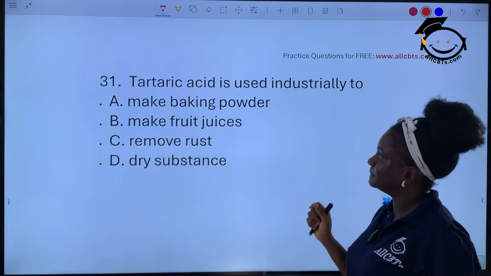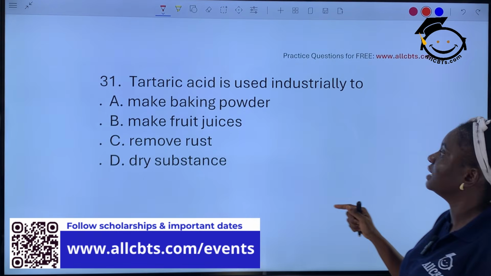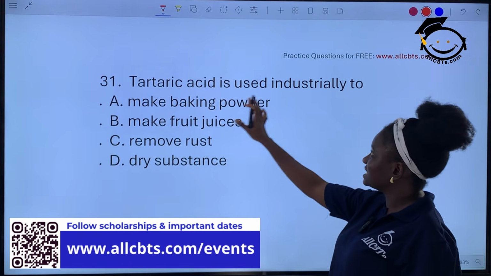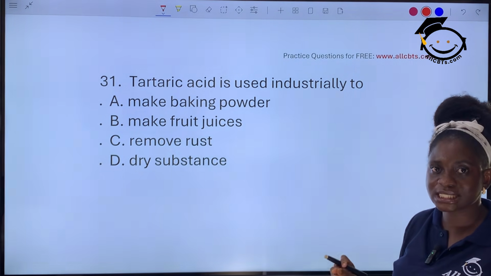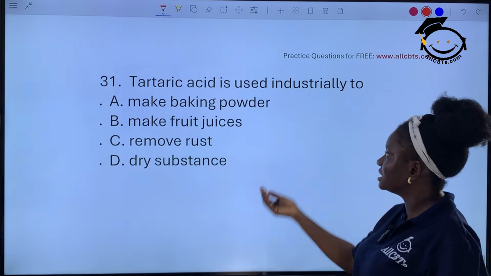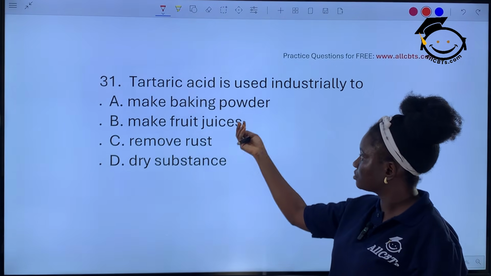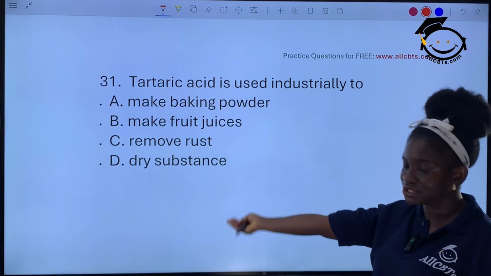Question 31. Tartaric acid is used industrially to, what is the use of tartaric acid? Is it to make baking powder, to make fruit juice, to make rust, to dry substance?